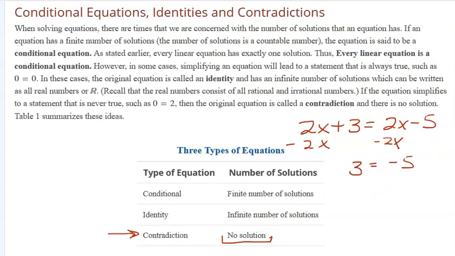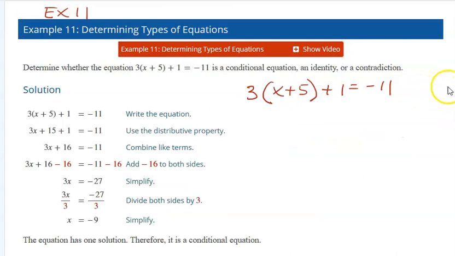Now, let's see a few examples of this. Now, for example 11, write this up. Here is our basic equation, and we'll just go through the process of solving it. We want to determine which kind of equation this is. So 3x plus 15 plus 1 equals a negative 11.